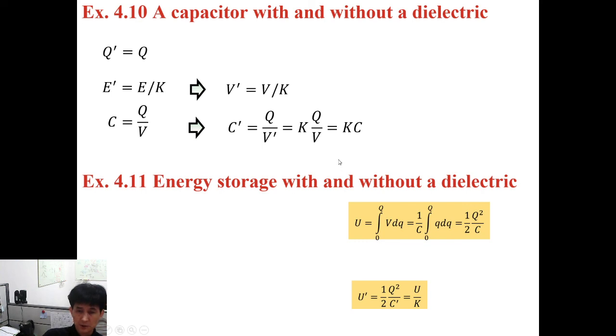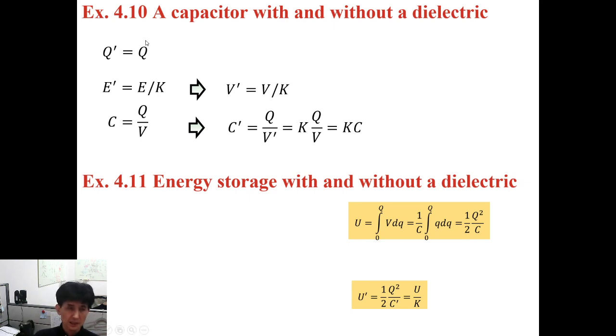So the energy stored in the system is Q squared over C prime. Q prime is same as Q, and C prime is K times C, so total energy stored in the system is U over K. So it is reduced by 100 times.